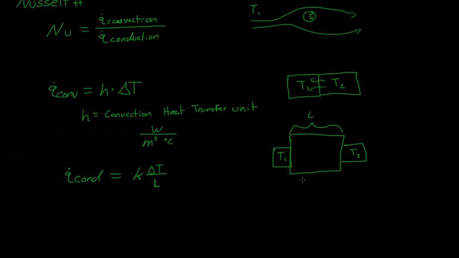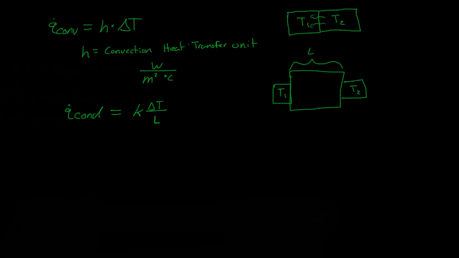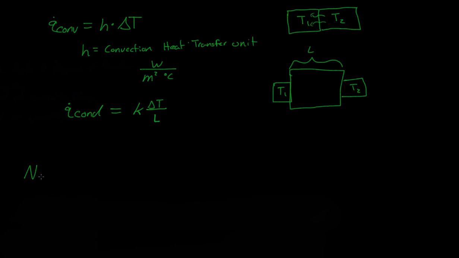So if we were to combine these into the ratio that we said what the Nusselt number was, we said that the Nusselt number is equal to the Q convection over Q dot conduction.